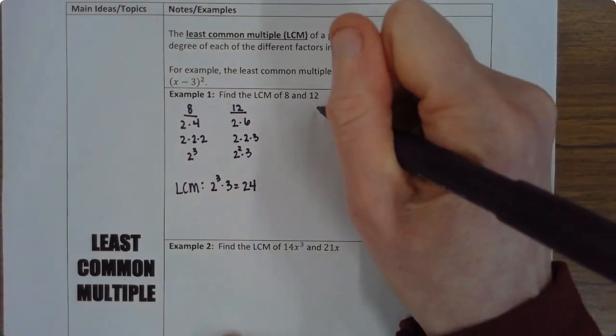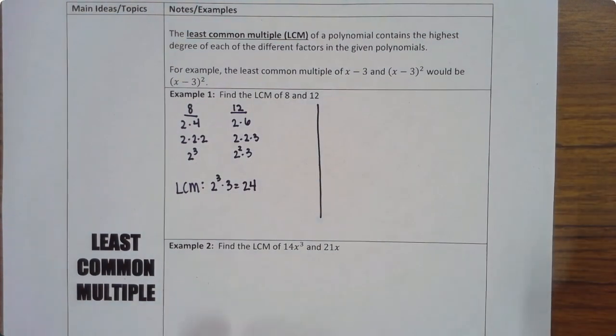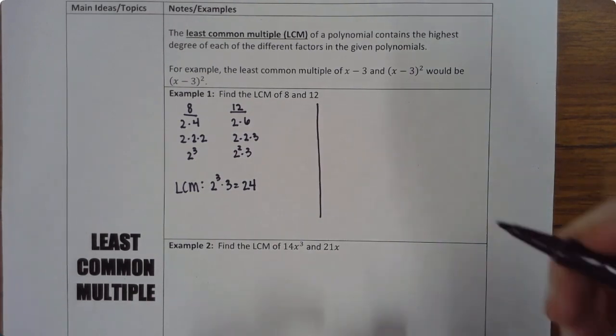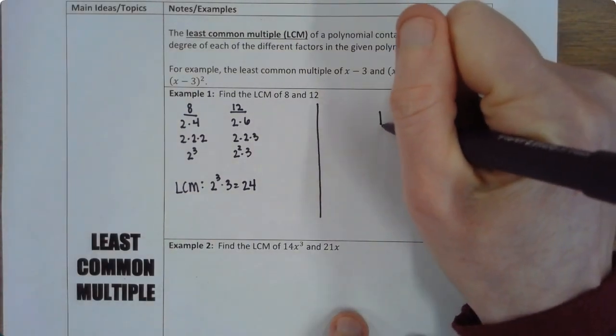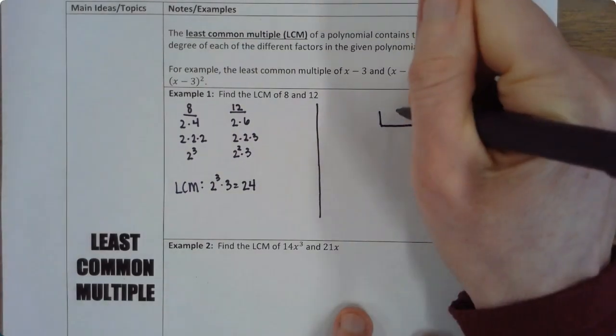Another option that we can look at is what's known as the ladder or the upside down cake, depending on how you want to look at it. We do a similar strategy, but what we're going to do is find a common factor each time that we're going through the process. So our top tier of our ladder, or the upside down cake here, we put our two numbers.